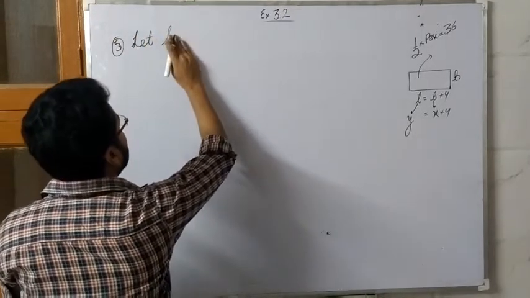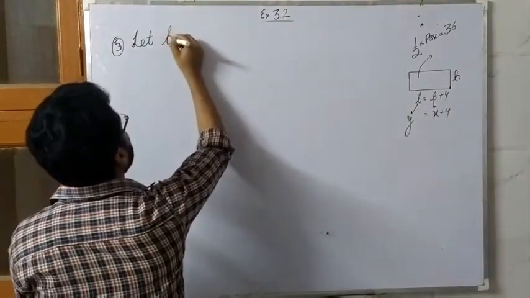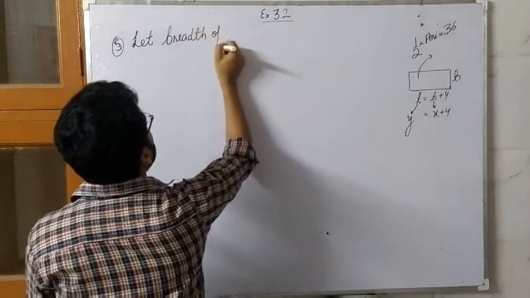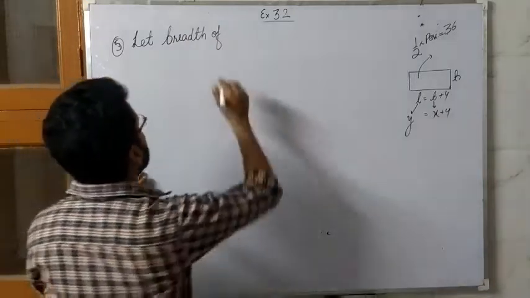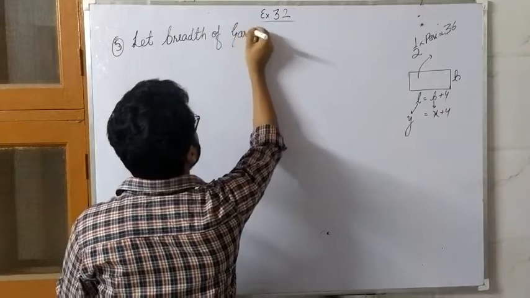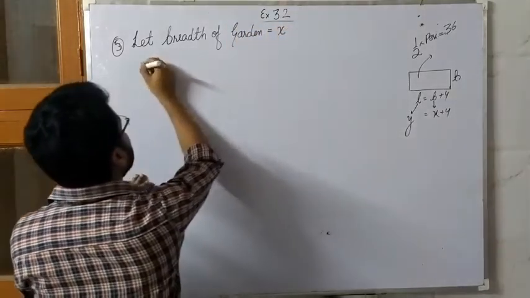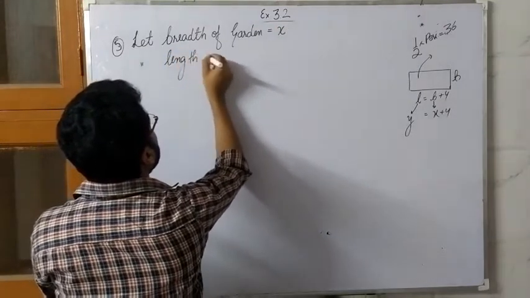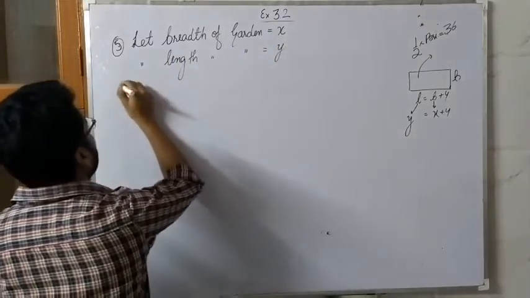So first of all we have to let breadth as x. So we say breadth first: let breadth of the rectangle garden equals to x, and let length of garden be equals to y, right?